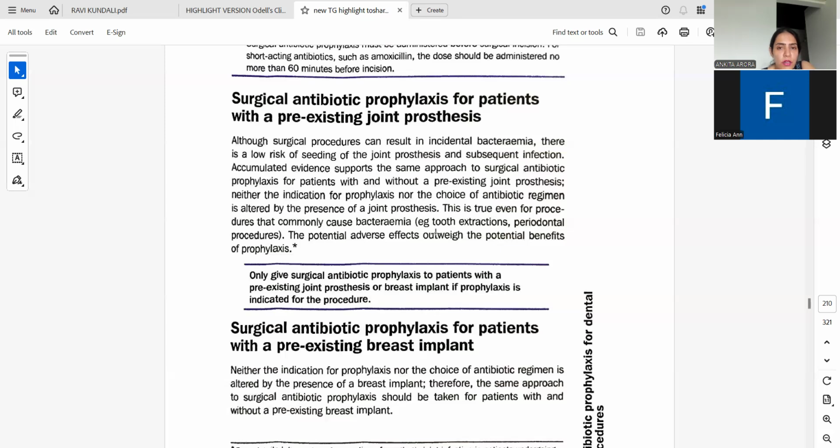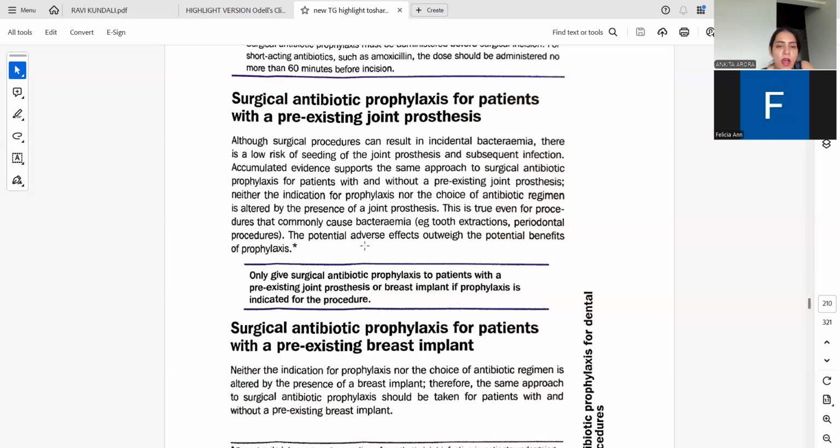So even if you are doing tooth extractions or periodontal procedures which are causing bacteremia, this is true for those procedures also. The potential adverse effects outweigh the potential benefits of prophylaxis.